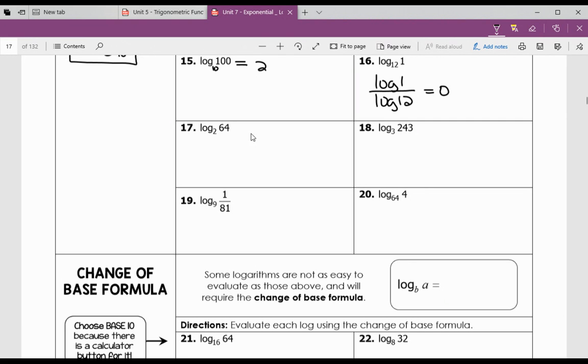All right, what'd you get for 17? Okay. Now, this fraction number, if you get a negative, that's why. None of these numbers, not the base number, but the number, were fractions. But now that we have a number that's a fraction, you're probably going to get a negative answer. Did you get negative 2? Mm-hmm.